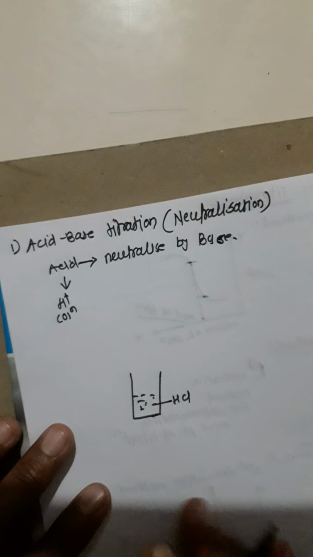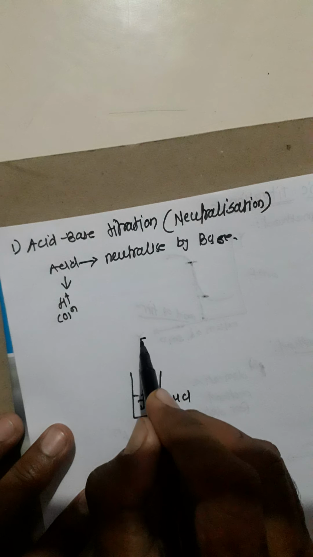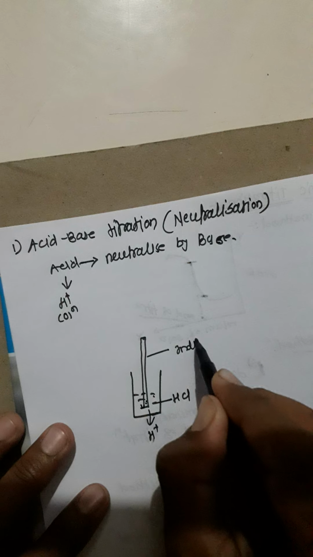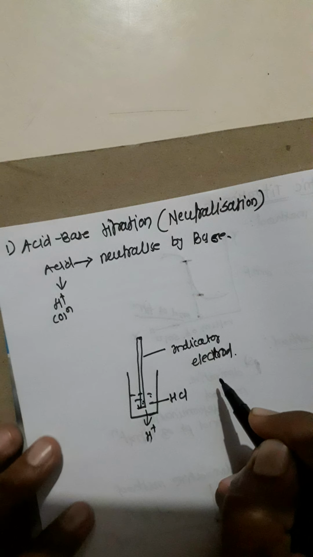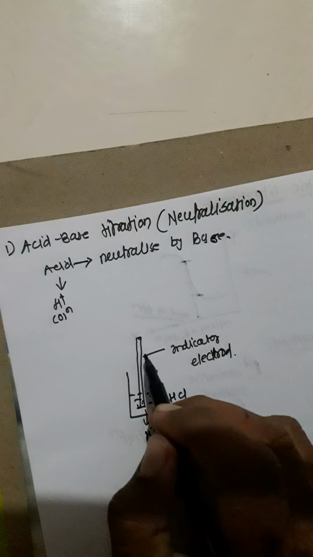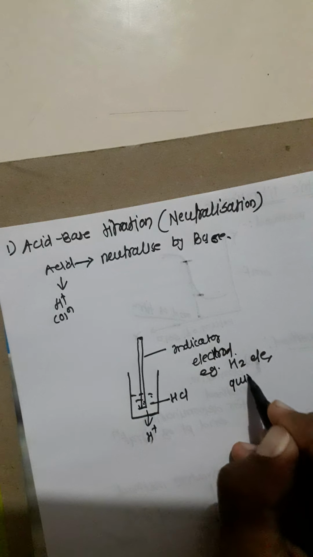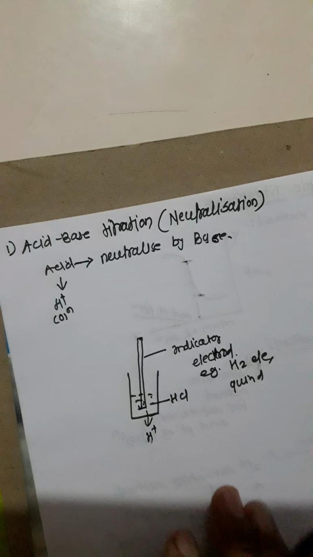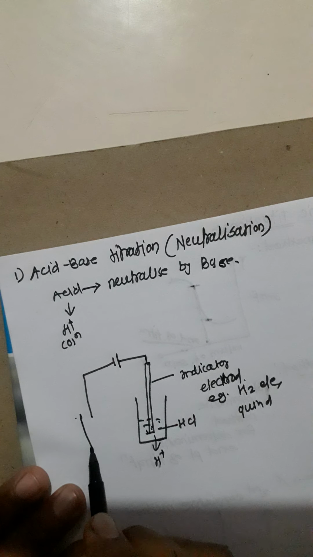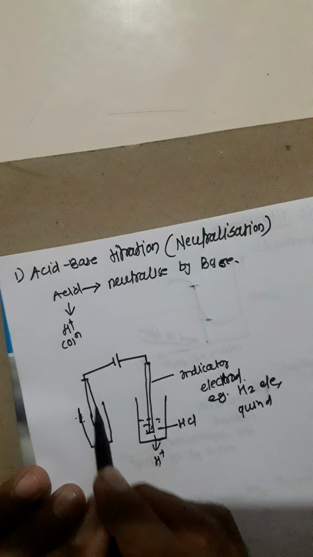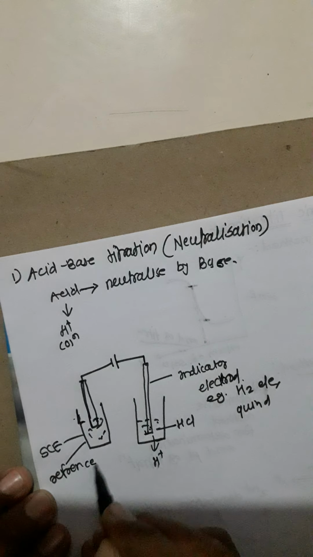In the HCl solution, H plus ions are present. Dip any one indicator electrode, for example the hydrogen electrode or quinhydrone electrode. This indicator electrode is coupled with the saturated calomel electrode, which is the reference electrode.